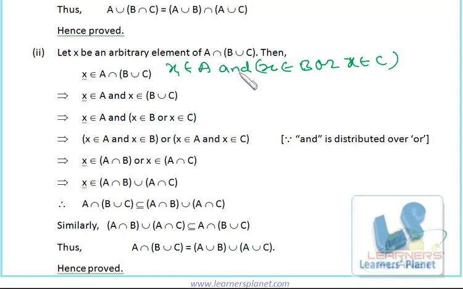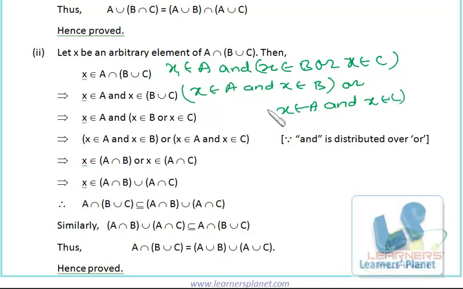For intersection I put and. X belongs to B or X belongs to C, right? Now what I do is I take one by one. X belongs to A and X belongs to B, or X belongs to A and X belongs to C, right?